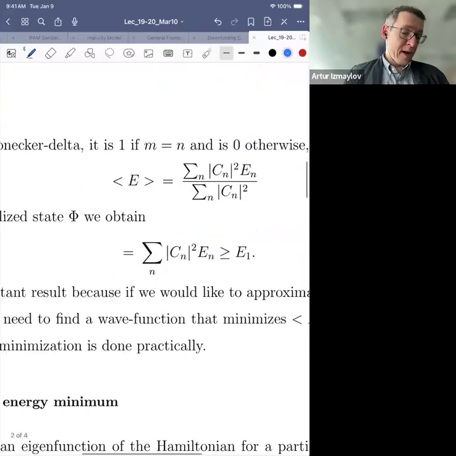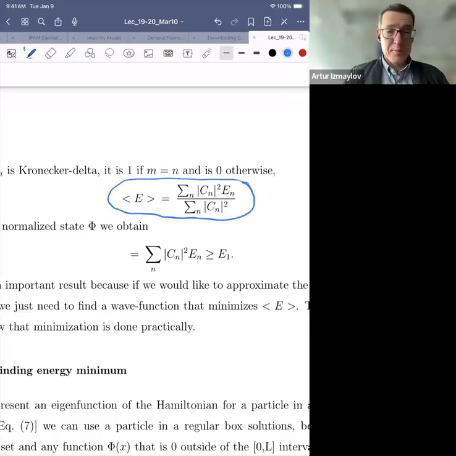All right, with that, we obtain the following simple expression that tells us that the expectation value of the Hamiltonian, the expectation energy, if you measure it in an experiment, that's the average of the distribution, will be equal to this expression.